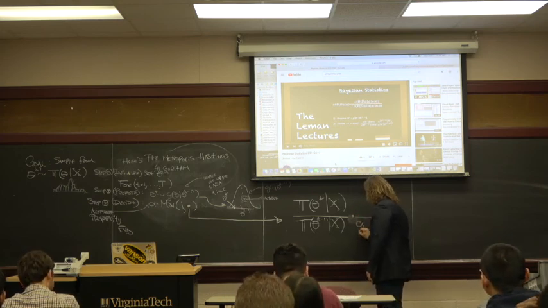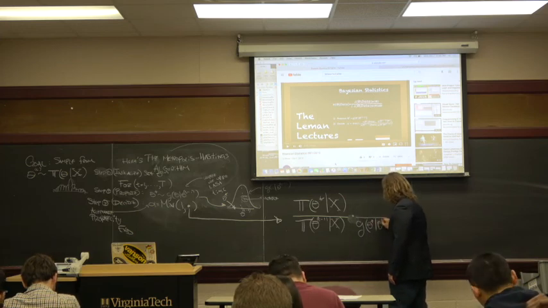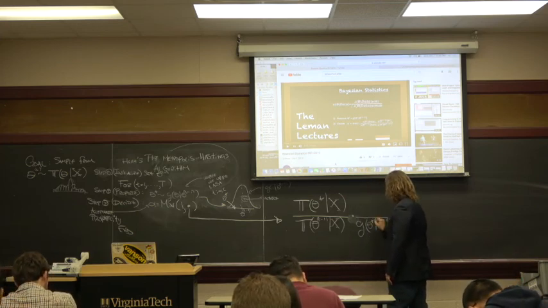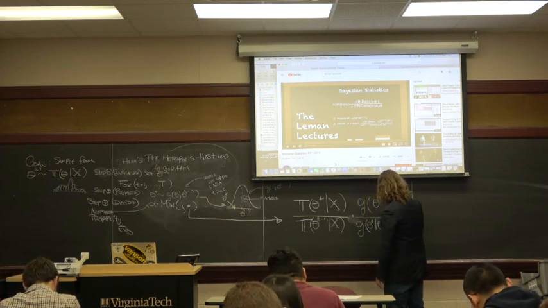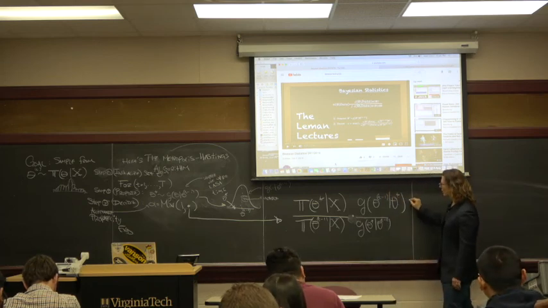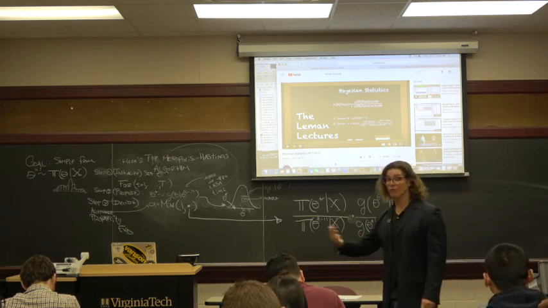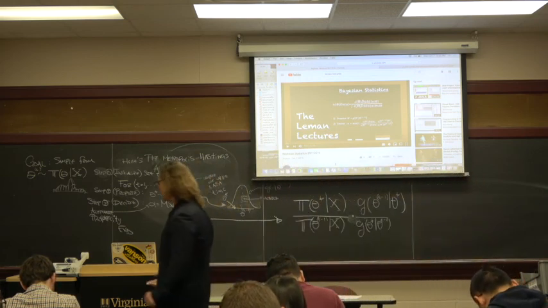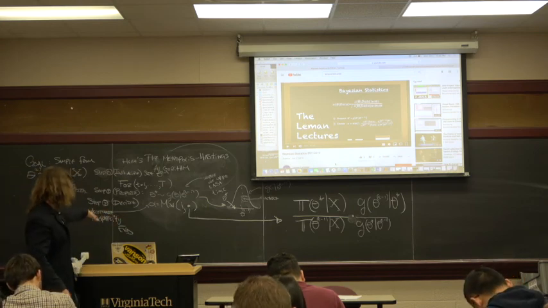It looks like this: g(theta star given theta t minus 1) over g(theta t minus 1 given theta star). So at least conceptually, this isn't a difficult thing to evaluate. That's what you should be convincing yourself of right now. Both steps are relatively easy. I'll show you the last bit.